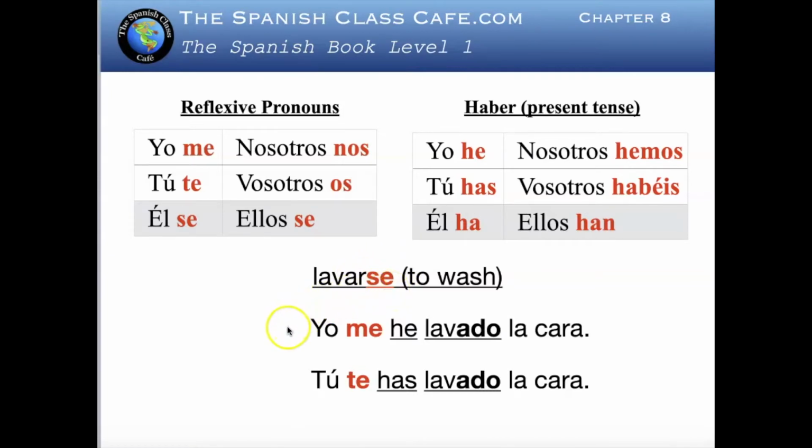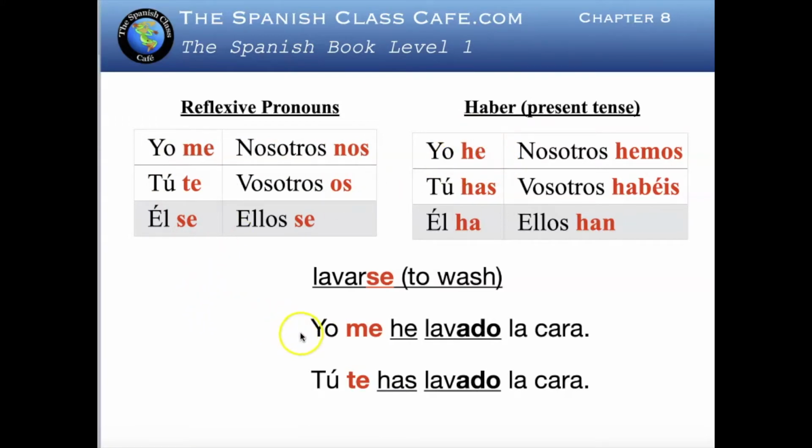If the sentence is a present perfect sentence like this one, you do need to put the reflexive pronoun in front of the verb haber, because haber is the verb of the sentence. Lavado is a past participle. Now, you do have to conjugate everything with the personal pronoun you are using. In this case it is yo, so yo, me, and you have to graph he. Then: yo me he lavado la cara.